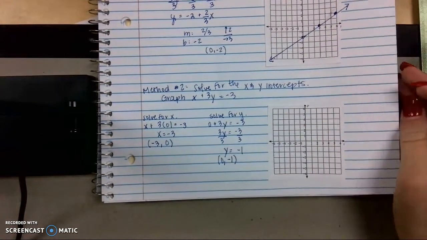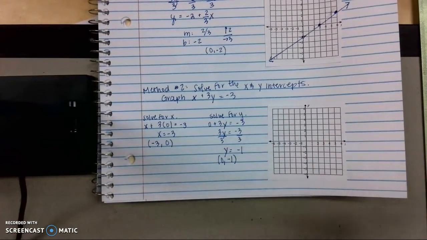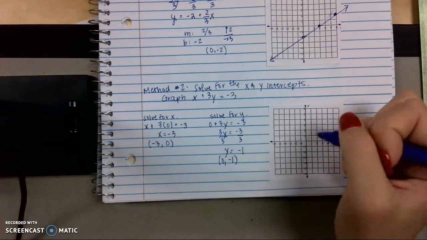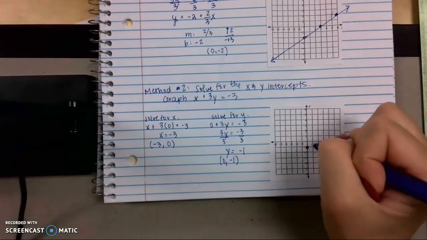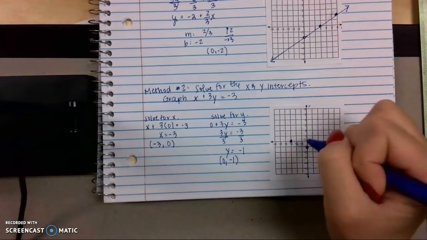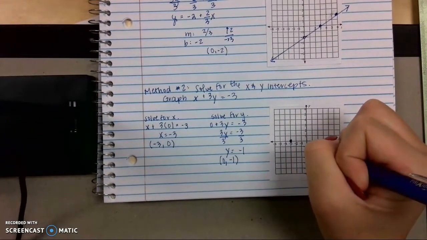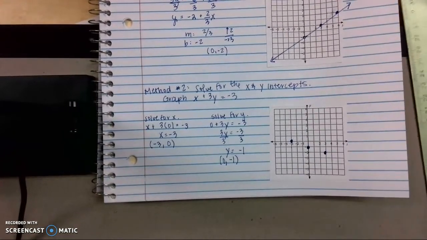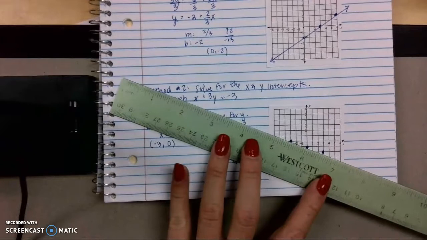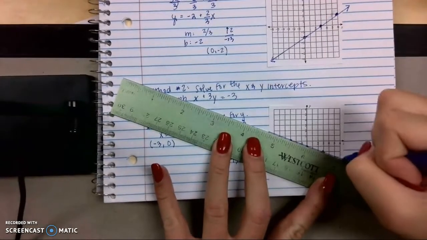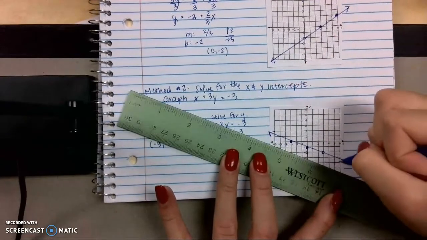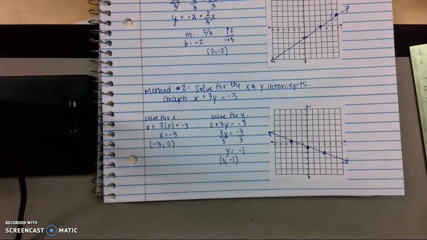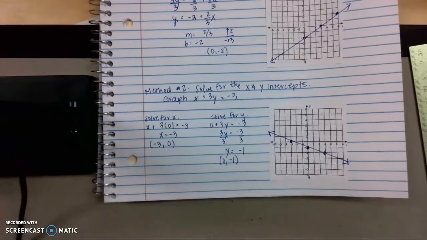With these two intercepts, I'm going to plot these 2 points and draw a line connecting them. So I have 0, negative 1, then negative 3, 0. I went down 1 to the right 3. I can go down 1 to the right 3 again to make my third point and draw my line through the points. So you have two methods there.